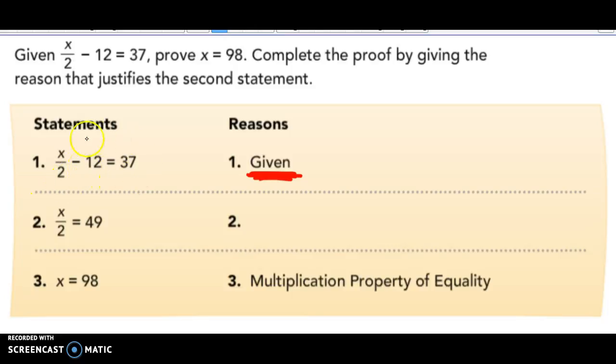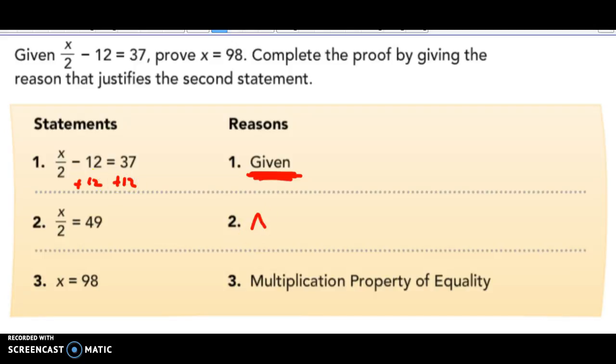So now I need to consider, how do I get from this equation to this equation? What has changed? And if we look closely, we see that the x divided by 2 remains, but this minus 12 is gone. And this 37 has changed to a 49. So because we are so savvy mathematically, we know that we have added 12 to both sides, right?